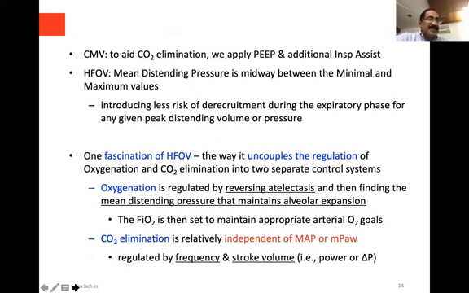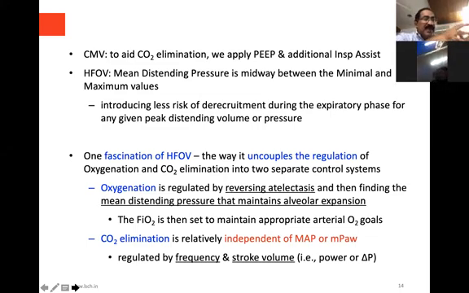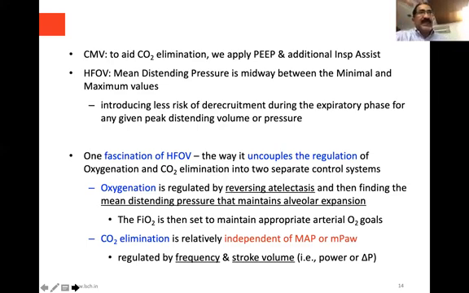As I've said, we've discussed what the CMV does and what the HFO does. The biggest fascination I find in high frequency oscillation is that in the conventional, we always talk about everything being interdependent, because whatever knob you change, there's going to be a difference in the other things as well. But here, with the oscillation, the ventilation or carbon dioxide elimination and the oxygenation are completely independent of each other.